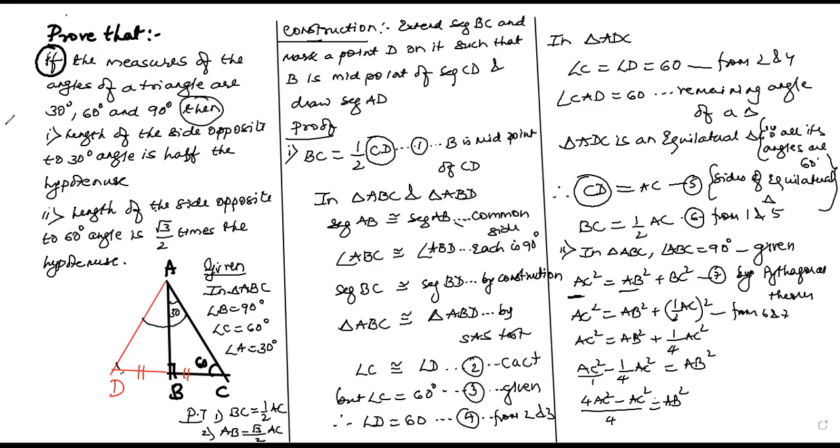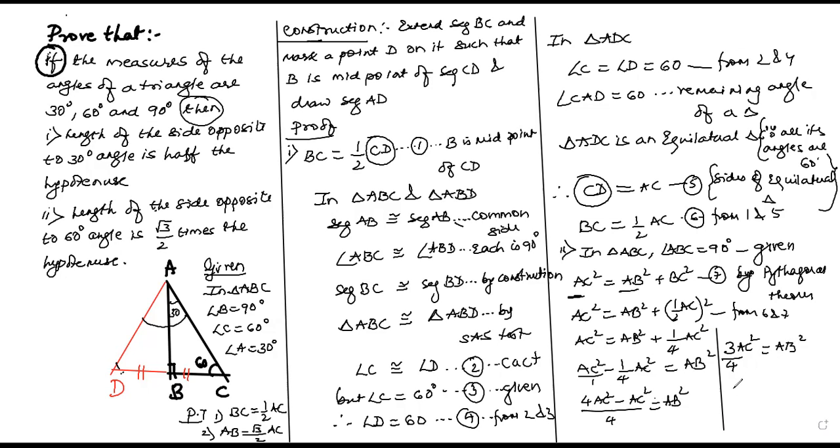Now simplify; anyone can understand how to simplify. I am showing it here, since there is no space there. Please pay attention here, try to understand this. So what will happen: 3AC square upon 4 is equal to AB square.